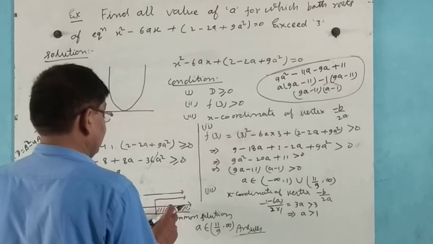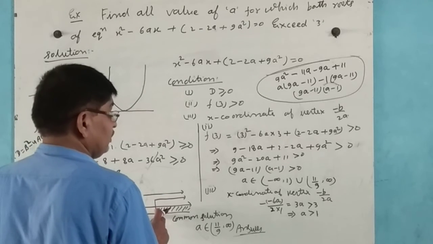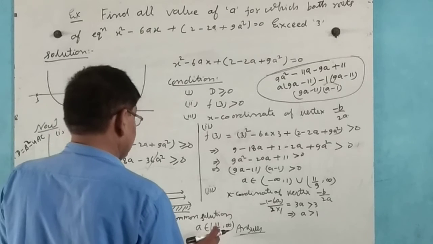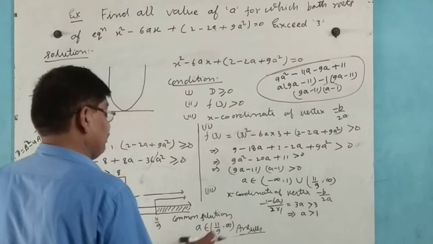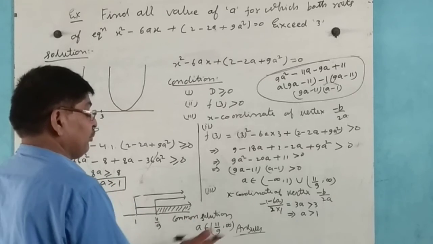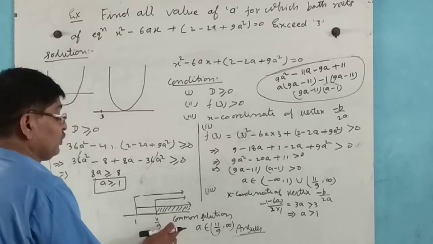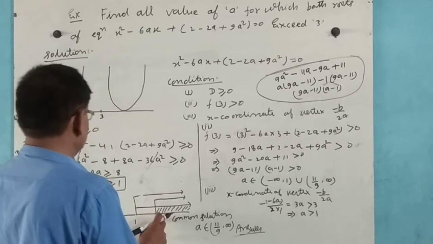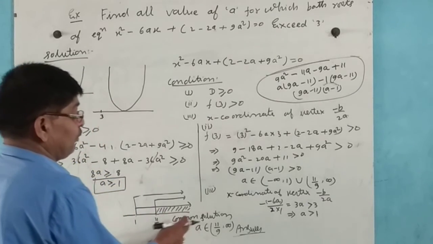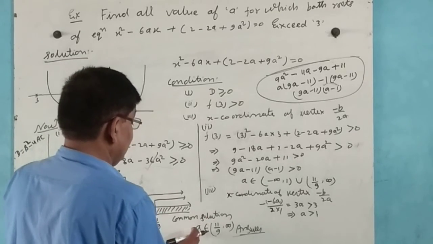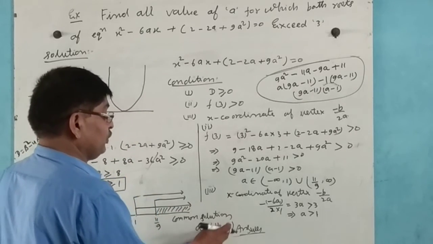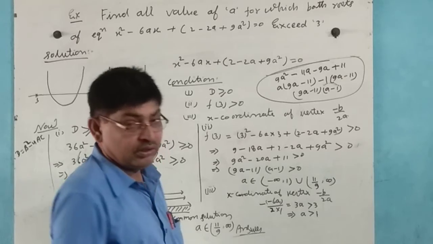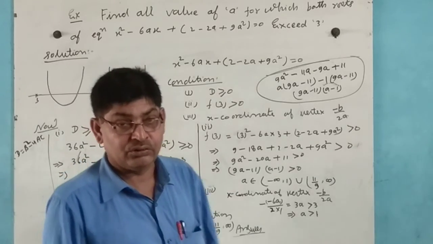Next condition, a belongs to 11 by 9 and up to infinity, so that we take, so that the common solution will be a belongs to 11 by 9 up to infinity. This is our required result.